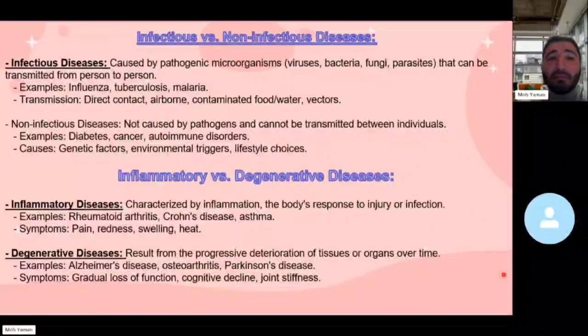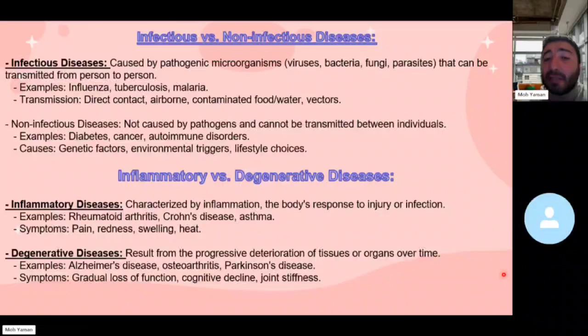Non-infectious disease is not caused by pathogens and is not transmitted between individuals, you know. So it could be diabetes, cancer, autoimmune disorders, because most of them relate to lifestyle choices, environmental changes, or genetic factors.